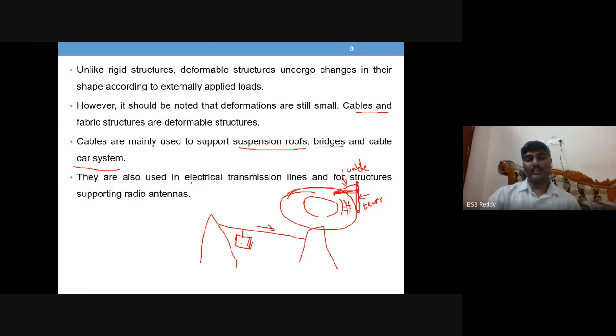Electrical transmission lines, antennas, radio antennas. Now you can talk about mobile towers; mobile signaling towers are also supported by cables. So you will find the cables in cases like this.